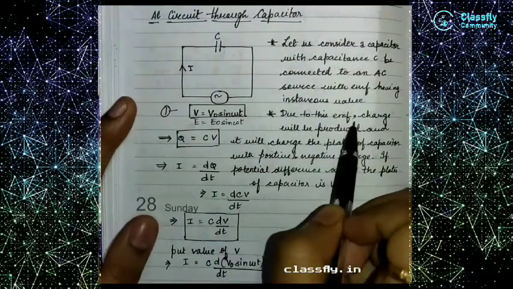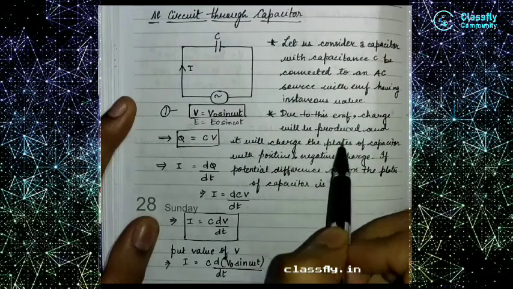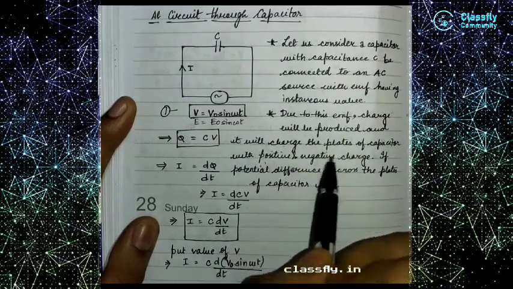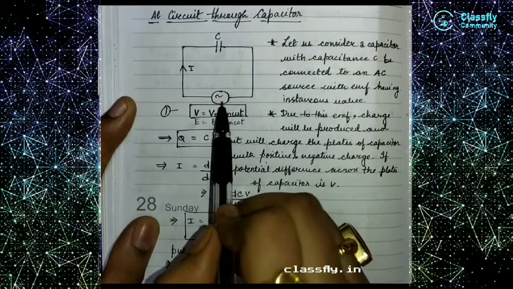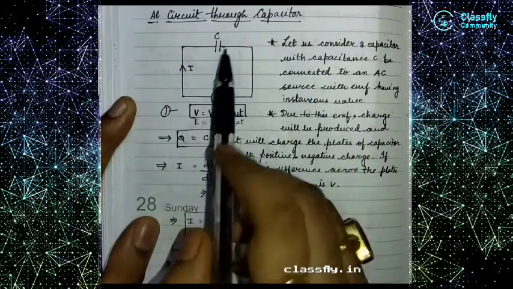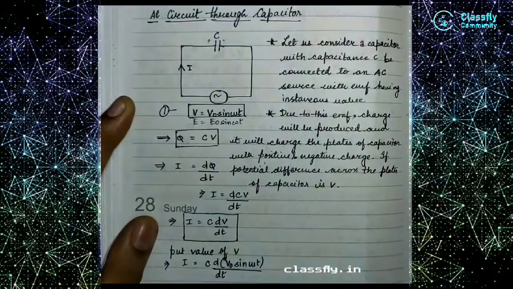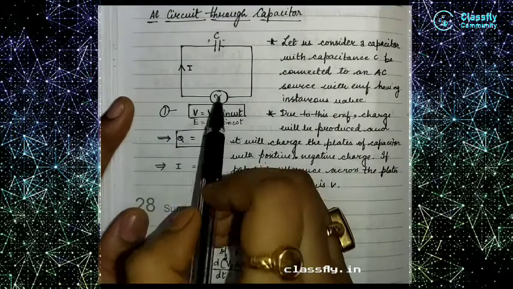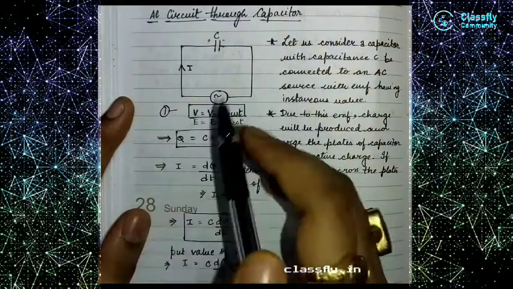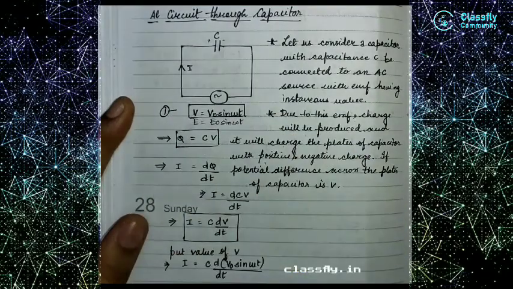Now see, due to this EMF, charge will be produced and it will charge the plates of the capacitor with positive and negative charge. As it gives the charge, that means current will be flowing in the circuit, right?